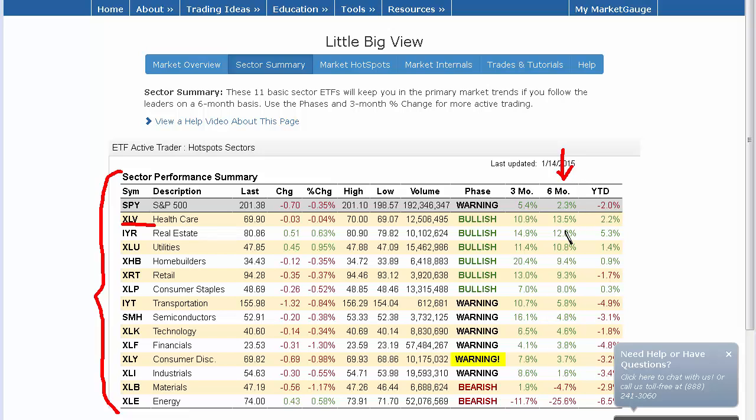And if the market just stabilizes, or even better, if the market rallies, these are very likely to be places that are less likely to break down if the market breaks down, which is what we just saw happen, and more likely to really rocket higher if the market does come back. So XLV, IYR, XLU are the 3 leaders as I'm doing this video, and they're leaders with strength. So that's exactly why I picked the XLV.